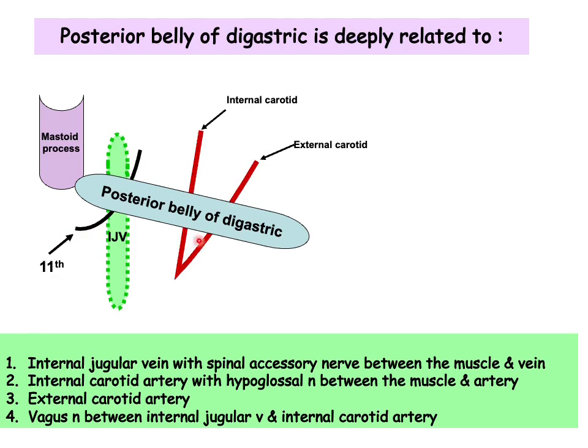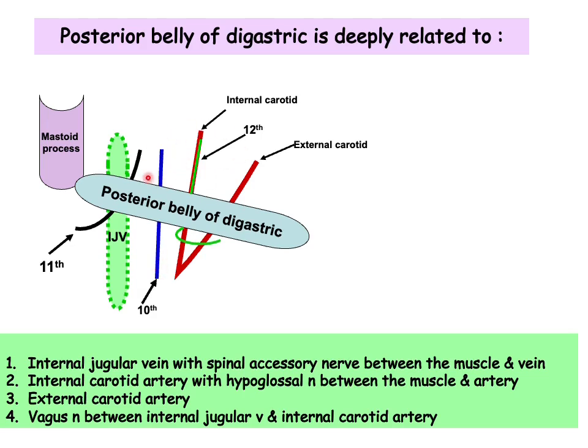Then the carotid system, which is formed by the internal carotid and external carotid arteries, and between them we have the vagus nerve. All these structures are deep to the posterior belly of the digastric, covered by it. So the big vessels plus the two nerves, the 11th and the 12th, and finally the vagus nerve in between.